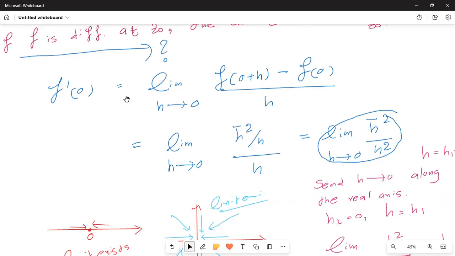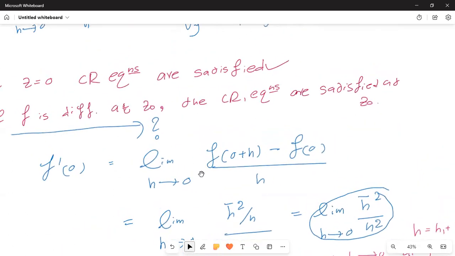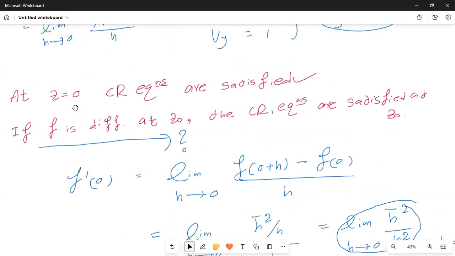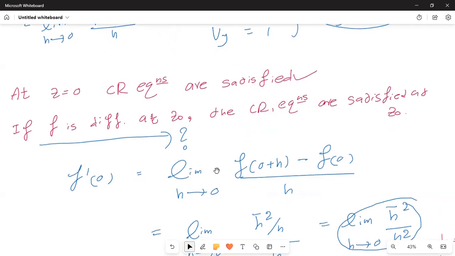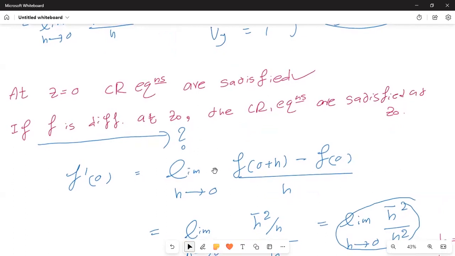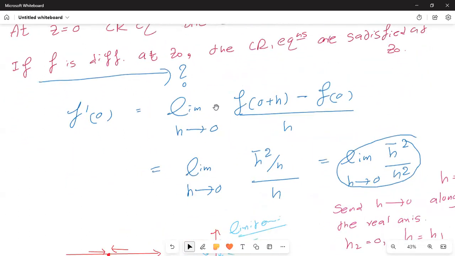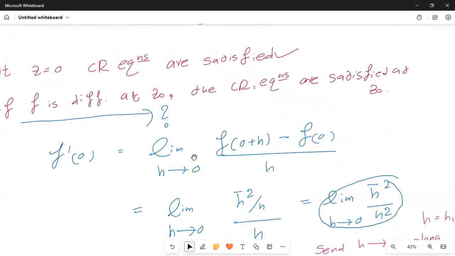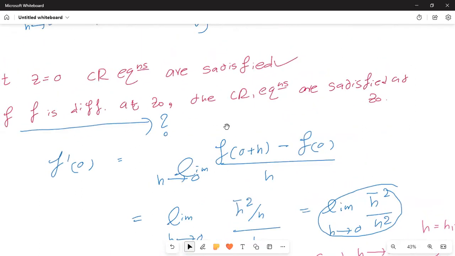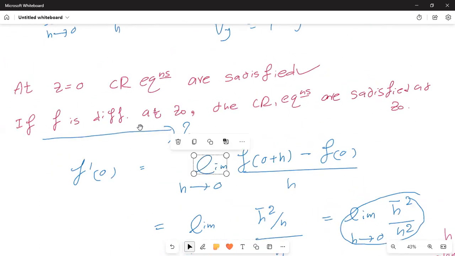Previously we found that at z equals 0 the Cauchy-Riemann equations are satisfied, but after checking the definition of the derivative, we have found that the derivative at that point does not exist. Therefore, the converse of this theorem is not true.